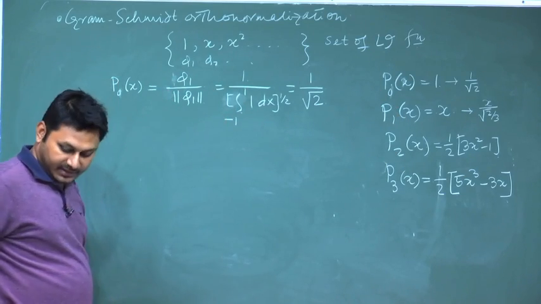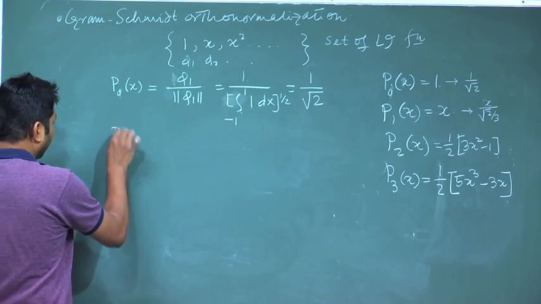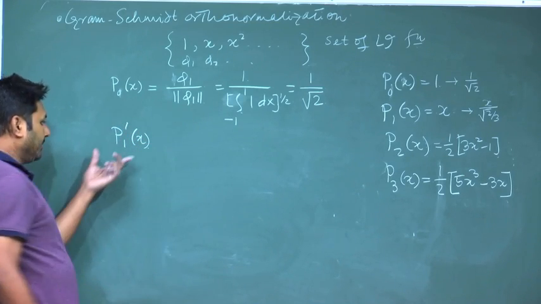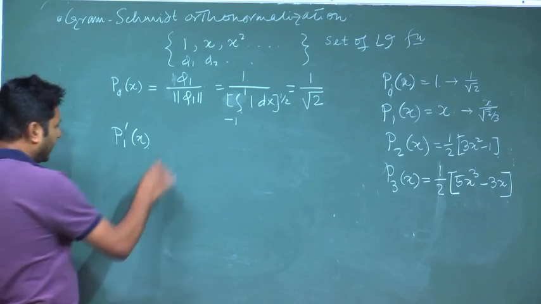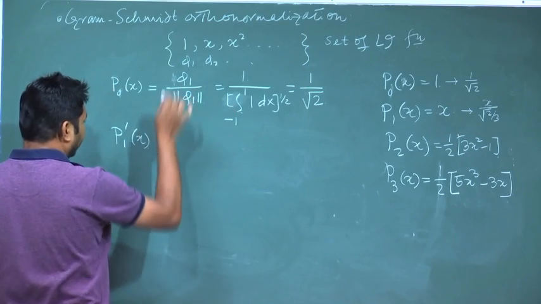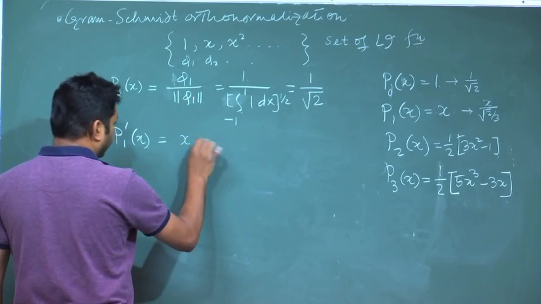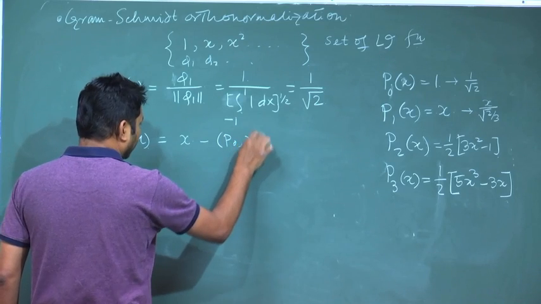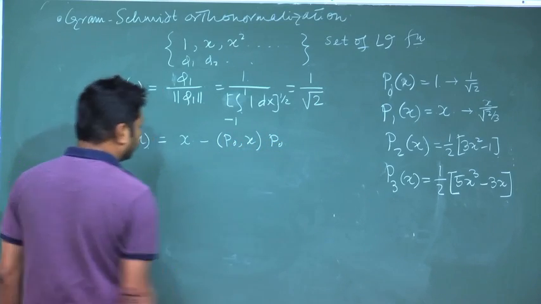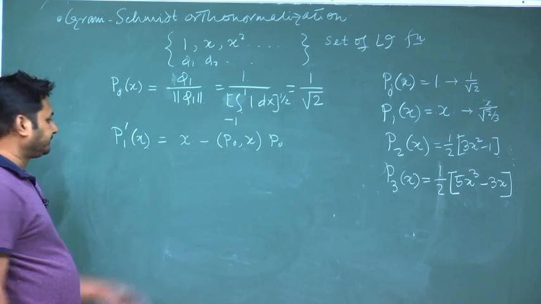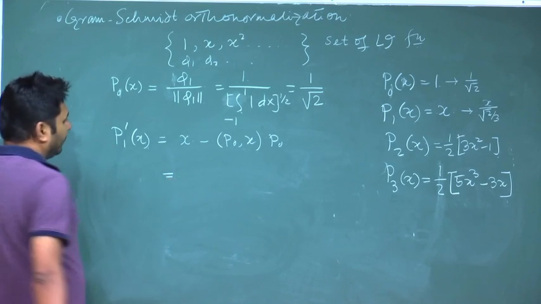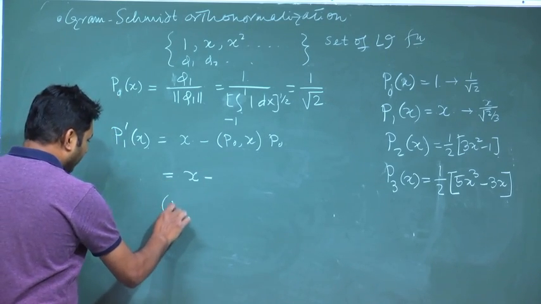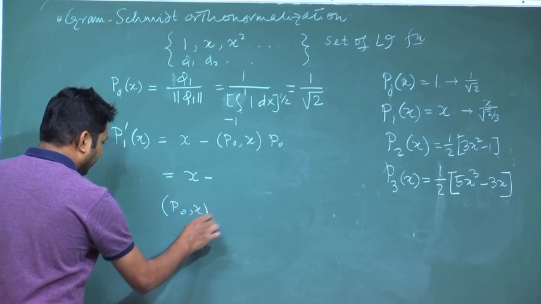What about the second thing? I have the first thing. So, how do I calculate the second? p1 prime x, I put the prime because I still did not normalize that. It is the given function, the second one, minus the inner product of the function with p0 x multiplied by p0. This was the technique. What is the inner product of p0 and x?